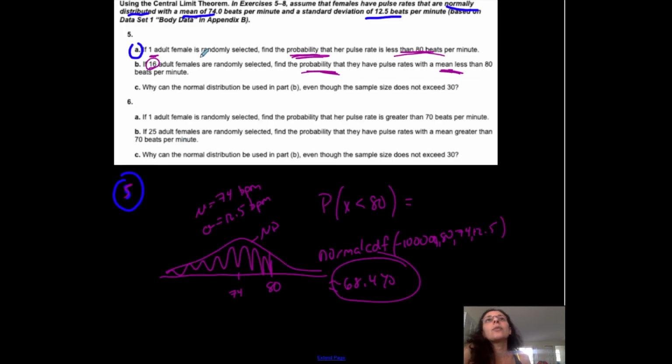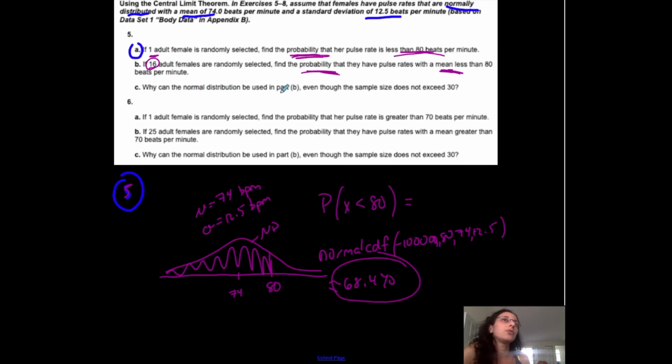Well, what does it tell me? Females have pulse rates that are normally distributed with a mean of 74 and a standard deviation of 12.5. So due to the fact that the population was already normally distributed, I am allowed to go ahead and use my methods even though the sample size is less than 30, which actually already answered C.